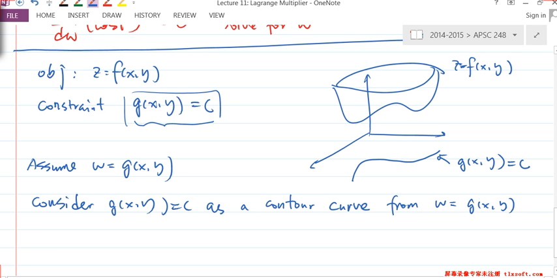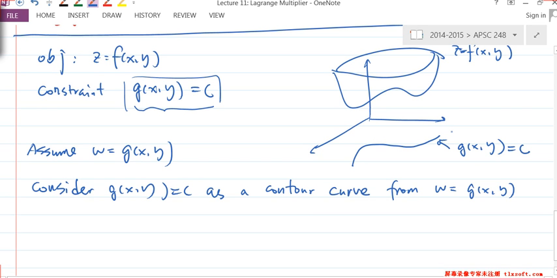Does that make sense? I'm just drawing this here. Sometimes we have a pretty beautiful contour curve, a cluster of circles. So let's just assume you have a contour curve like this. Now the constraint, you think of as a contour curve, and the change of x and y is going to be along this curve right here.